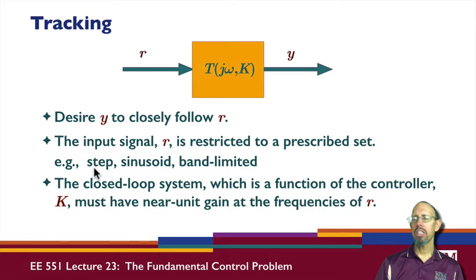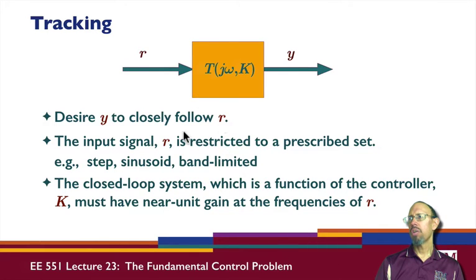For example, we might consider only a step input or a sinusoid, or we might consider the signal to be a band limited signal, and so we generally restrict R to be of some prescribed set. The closed loop system, which is also a function of the controller, must have near unit gain at all the frequencies of R.